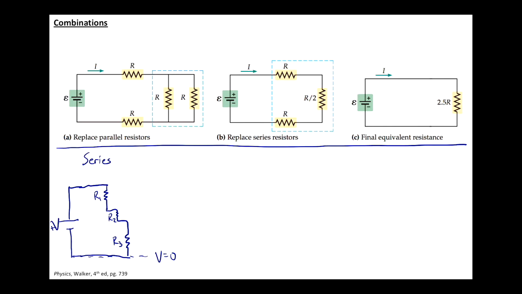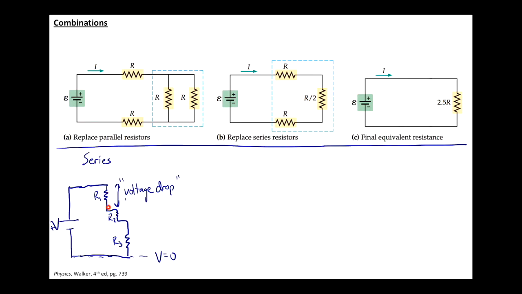You can think of each of these potential changes as you go across a resistor as a drop in the potential at that location. These are often referred to as voltage drops. It's lingo that actually refers to something physically happening. At the top of resistor 1, you're at a certain potential, and when I get to the other side of it, the potential at that location in the wire is lower.